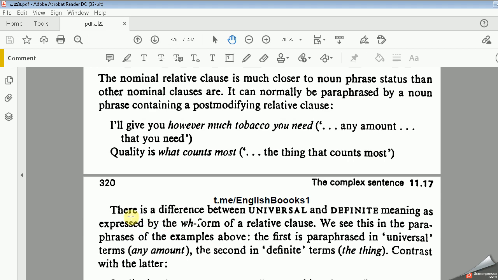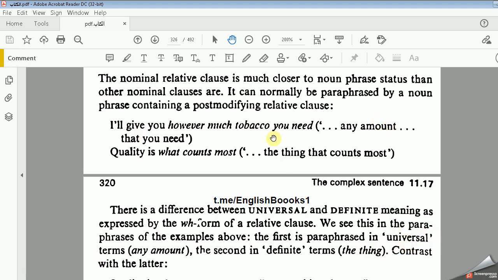If we analyze these sentences, we can see that there is a difference between universal and definite meaning as expressed by the WH form of a relative clause. We see this in the paraphrases of the examples above. The first is paraphrased in universal terms.